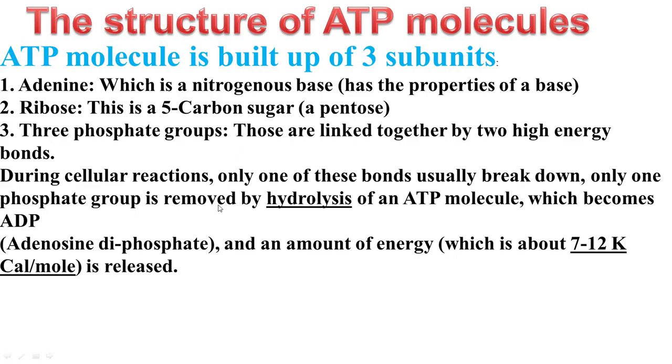During cellular reactions, only one of these bonds usually breaks down. Only one phosphate group is removed by hydrolysis, or reaction with water, of an ATP, which becomes ADP, adenosine diphosphate. One ATP, by measure, can release about 7 to 12 kilocalories per mole.